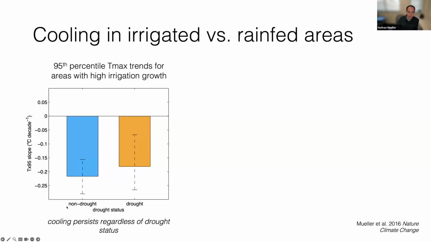And then I've broken down those trends into whether there was drought occurring or not. What you can see is that for irrigated areas, the drought doesn't have a big impact because they're supplying moisture from surface water supplies or groundwater pumping, and we're not seeing a huge effect on the temperature trend.